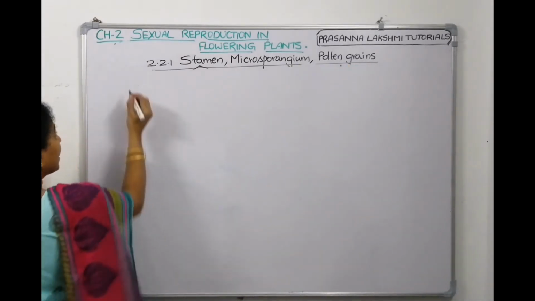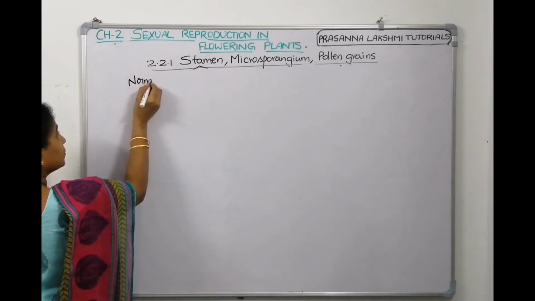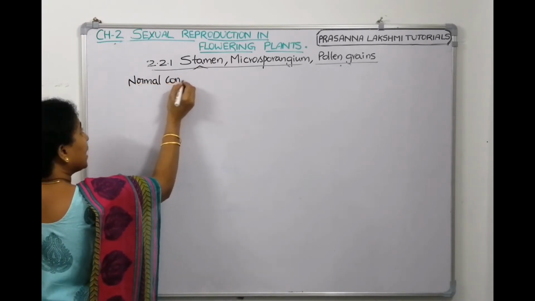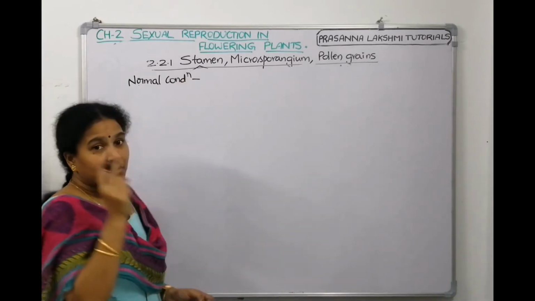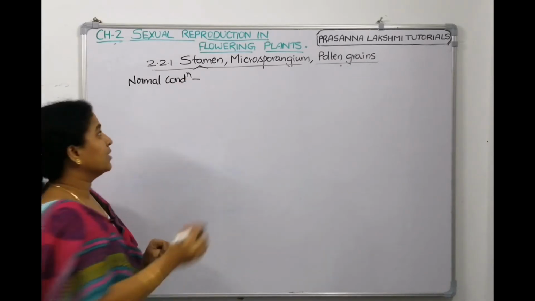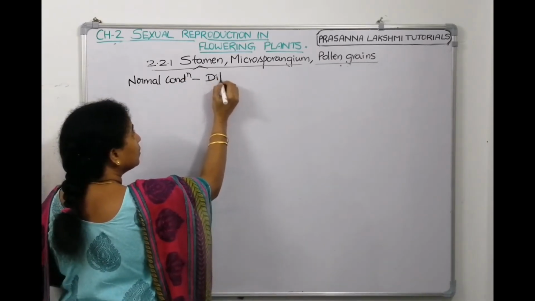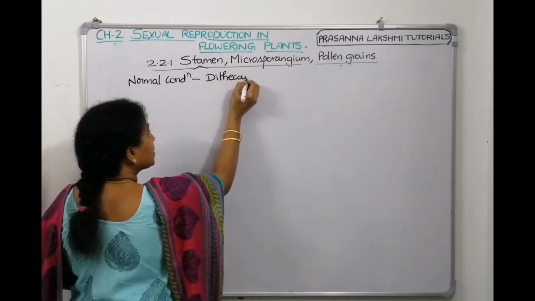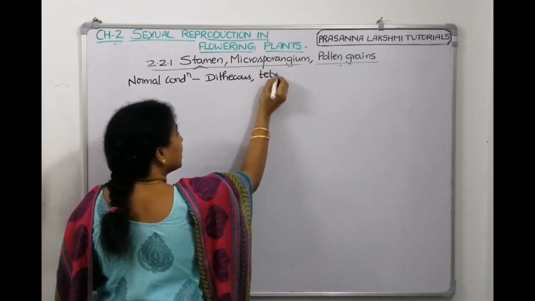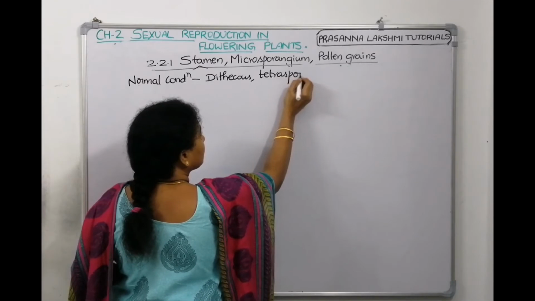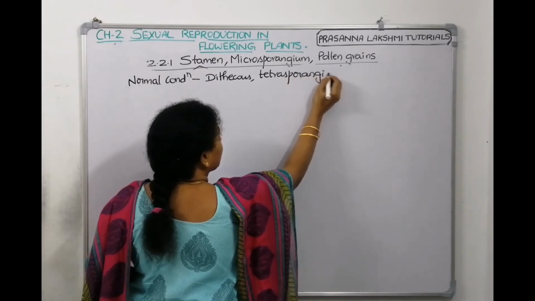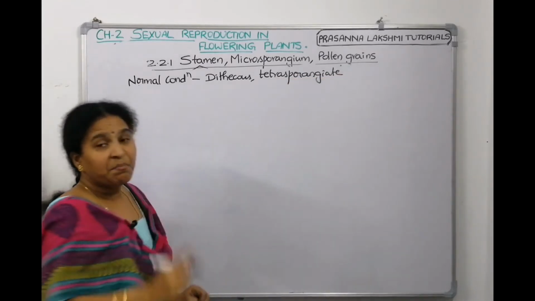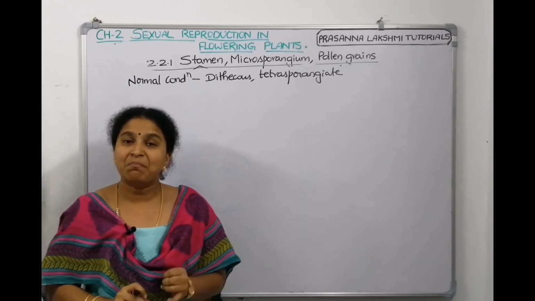So what is the normal condition? The normal condition is having 2 lobes and 4 microsporangia. It is called dithecous tetrasporangiate.